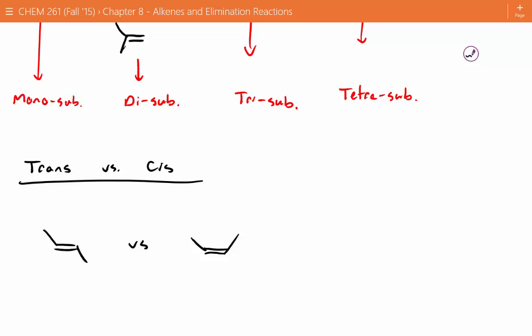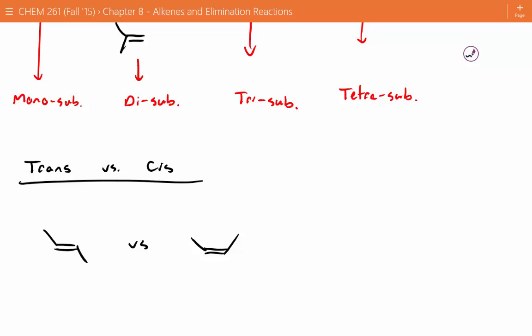Trans. So if we look at the trans model, you see how the methyl groups are on opposite sides. These methyl groups are like helicopter blades. They spin around really rapidly, but they're on opposite faces of one another. That means they're out of each other's way. If we look at a cis alkene, we've got two helicopter blades that are almost like a Chinook helicopter. They're really close to one another, and they don't like being in that close proximity.